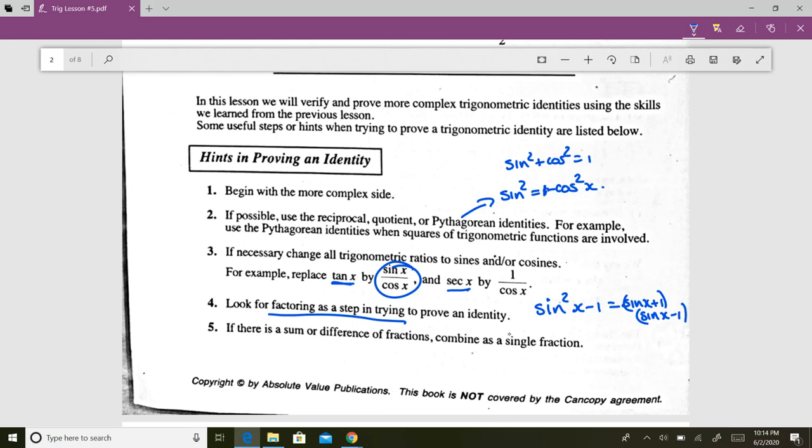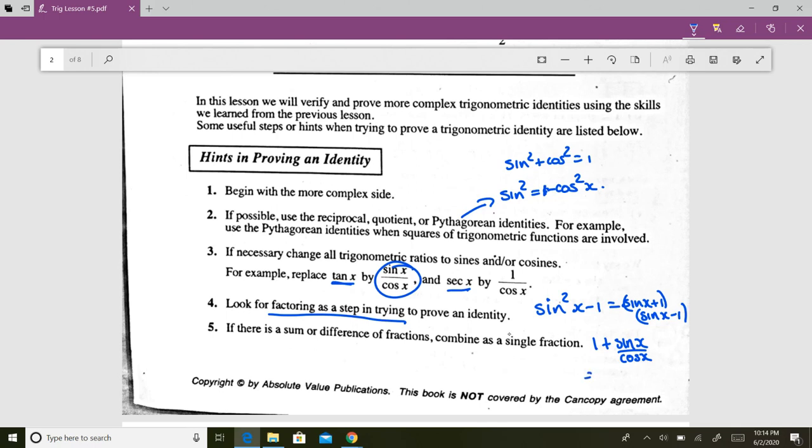If there is adding and subtracting fractions, combine to make a single fraction. So if you have 1 plus sine x over cos x like that, you want to make it a common denominator and turn it into one fraction.